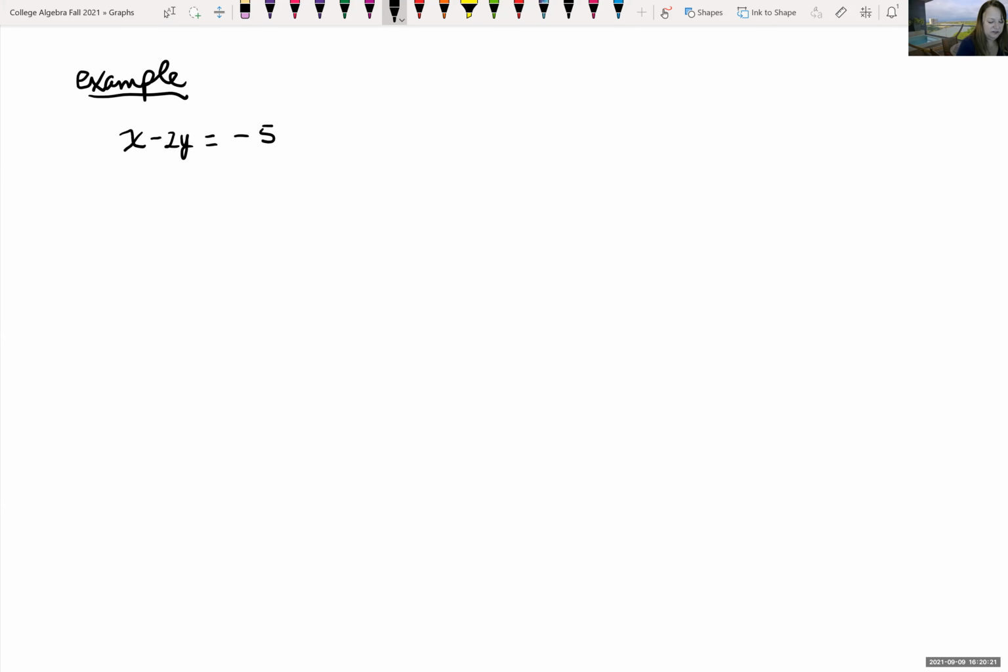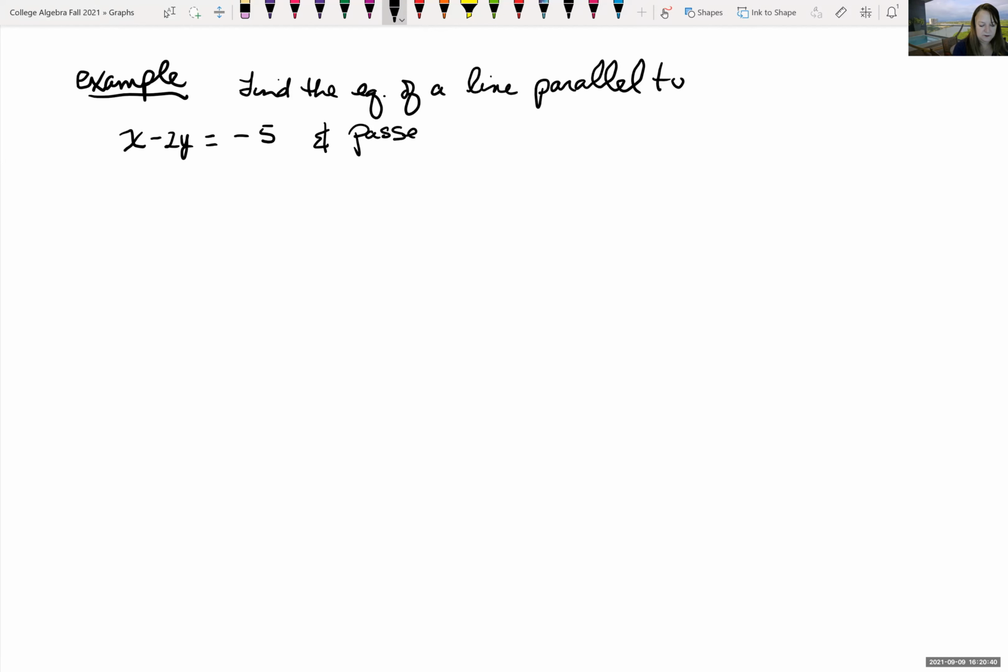Find the equation of a line, let's say parallel to this x minus 2y equals -5, and passes through the point 5, -5.